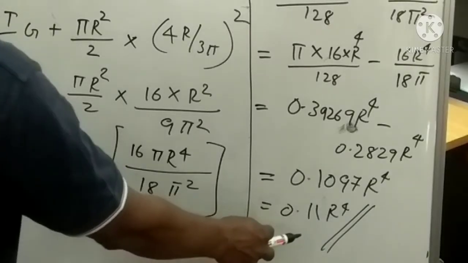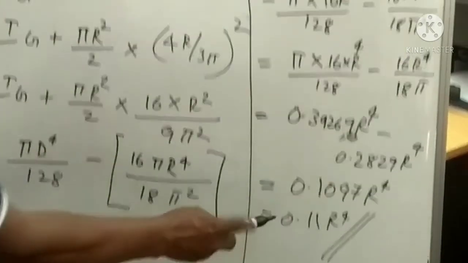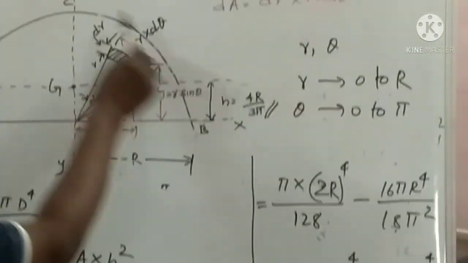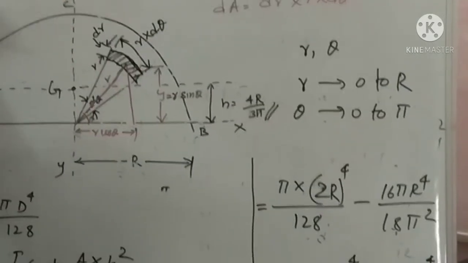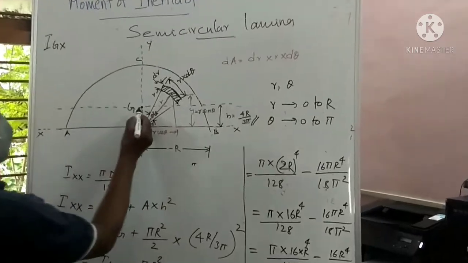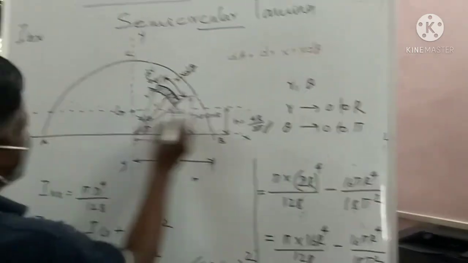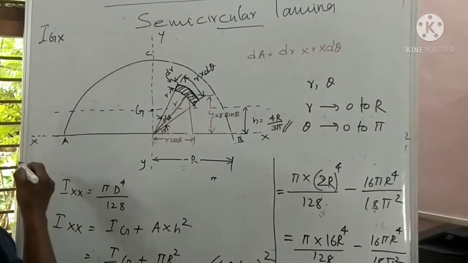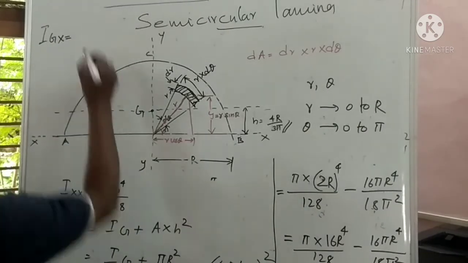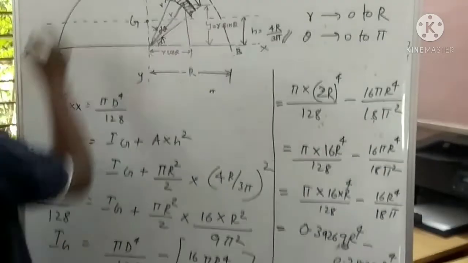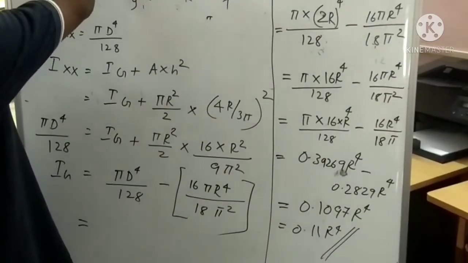Which indicates that the moment of inertia of the semicircular lamina about the horizontal centroidal axis, Igx, is equal to 0.11 r raised to 4.